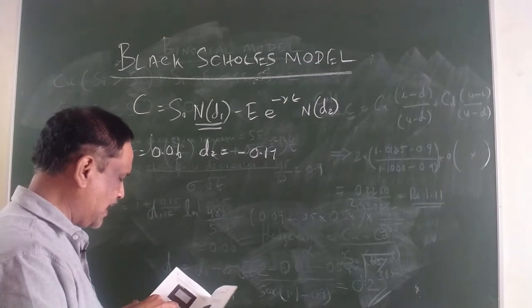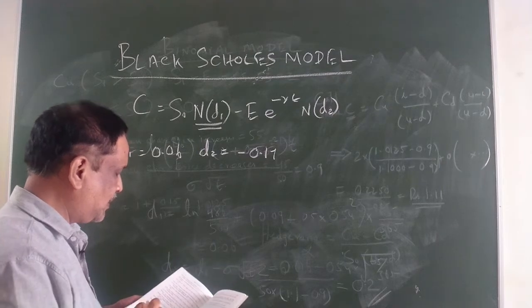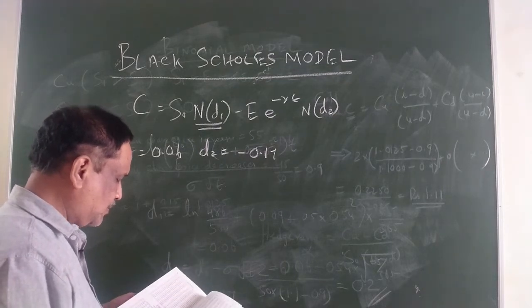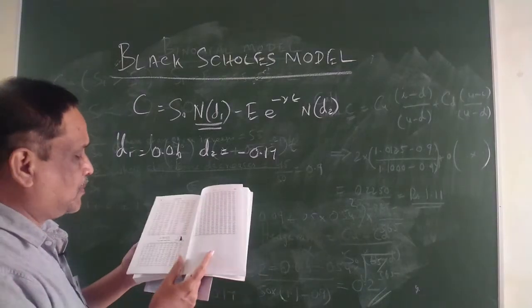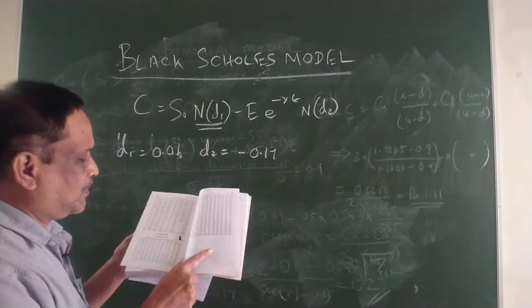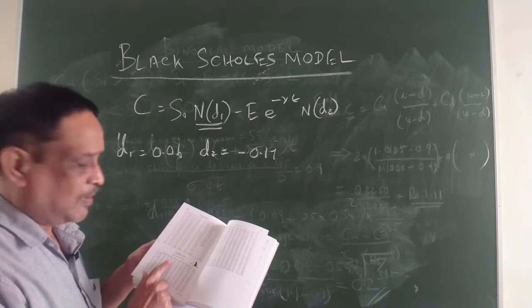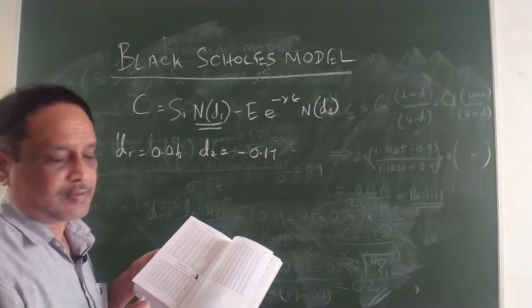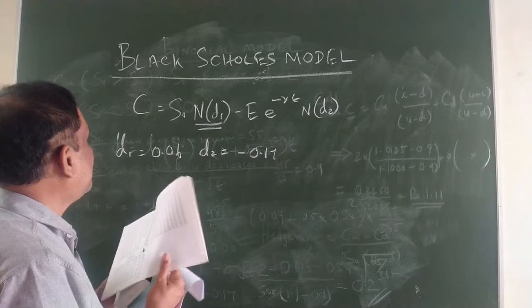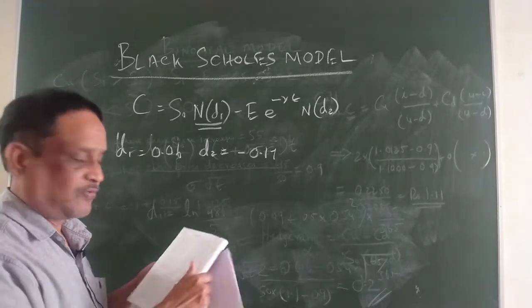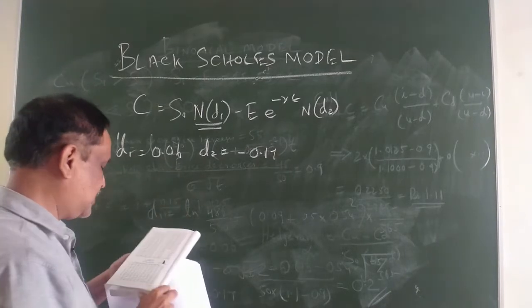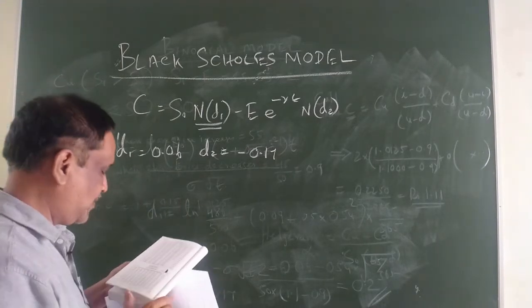We have already done this in the class. Anyhow, I am using the table of area under the normal curve. For d1 value 0.06 we need to find out the table value.